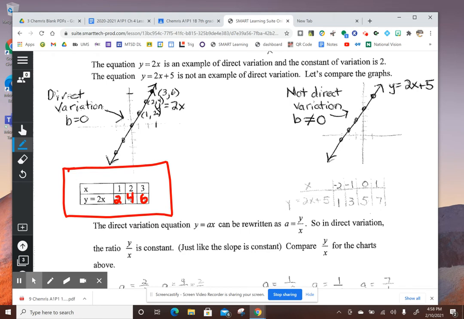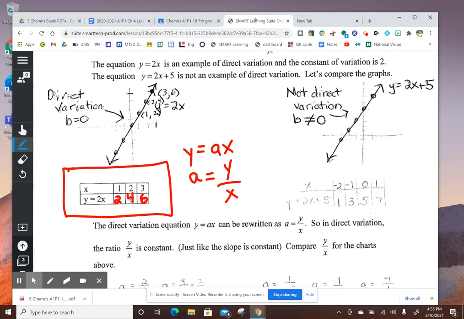Well, when you look at the chart, we want to know if it can be written in the form of y equals ax. And remember, I said to you that if you solve for a, which is a constant, it is the same as y over x. So if I look at this chart, this is x, this is y.